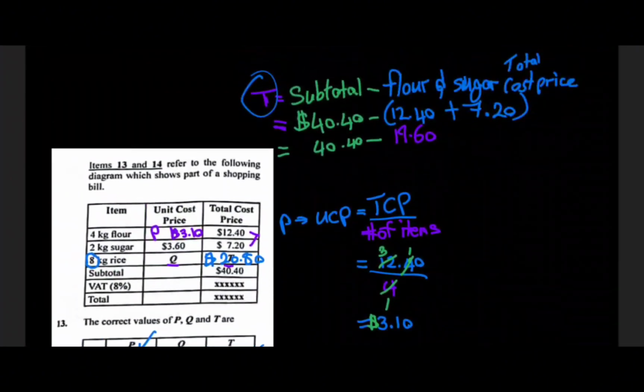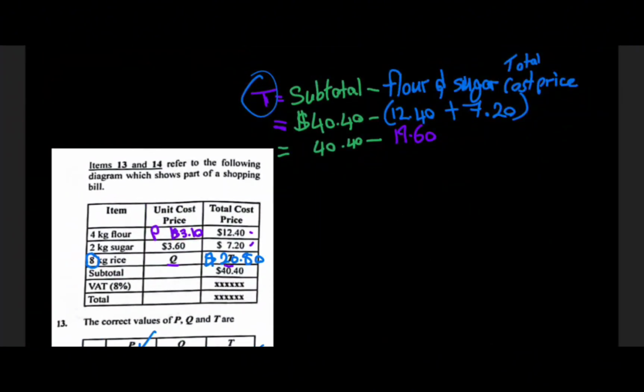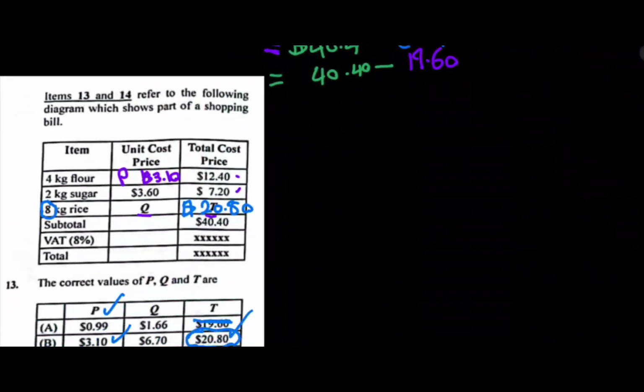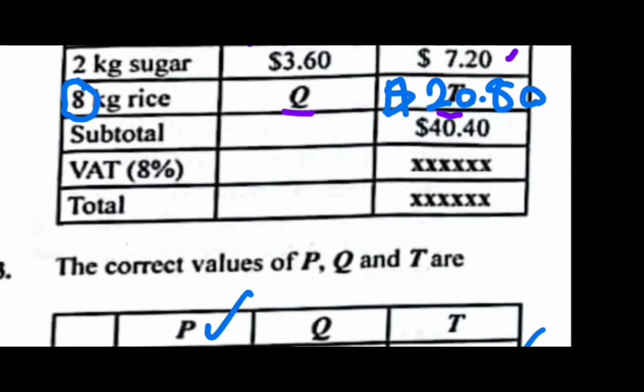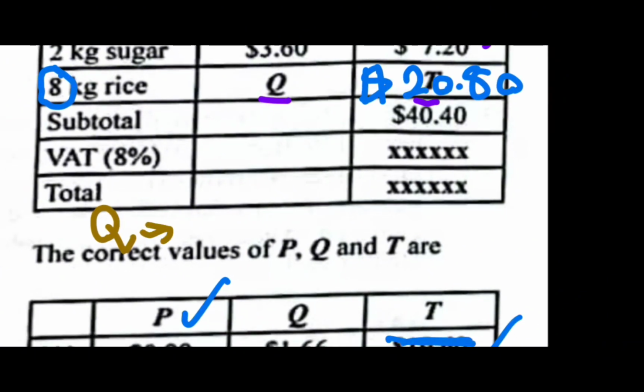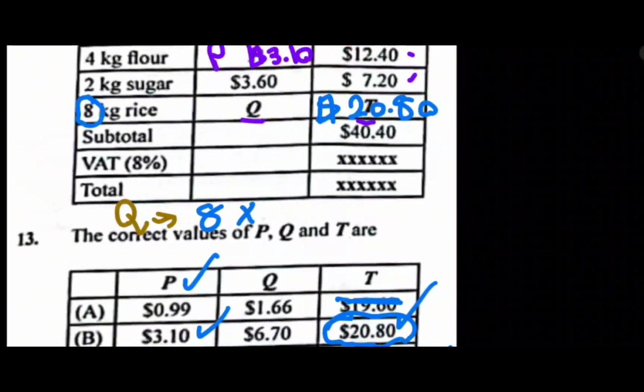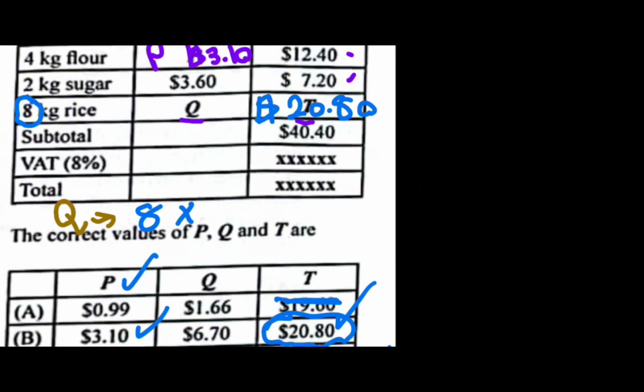Let's go ahead and do that. So I'm just going to erase this. Q will be 8 multiplied by something. We don't know what that is, but that something is supposed to give us 20.8.